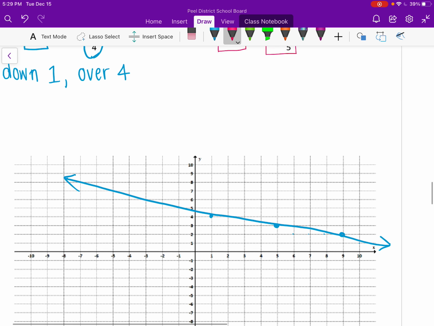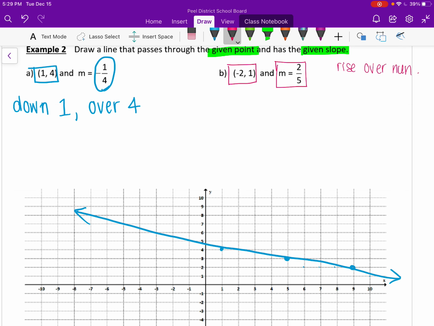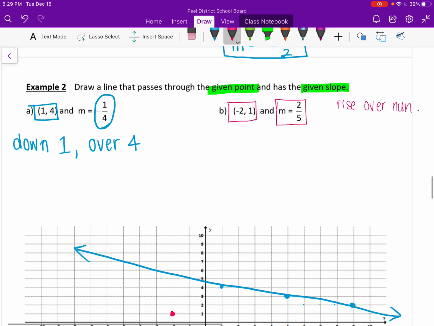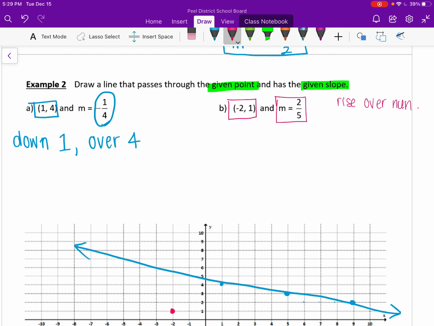And we're back. Okay? So hopefully you paused and you came back. So let's just go off to our starting point. It says -2 and 1. So I'm just going to put in that dot. What does this mean? Since this is positive, it means up 2 over 5.